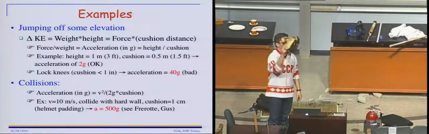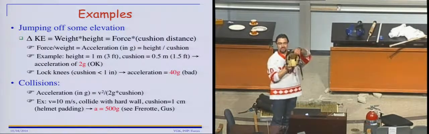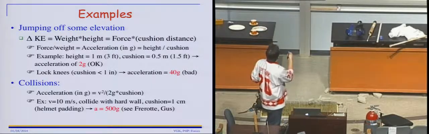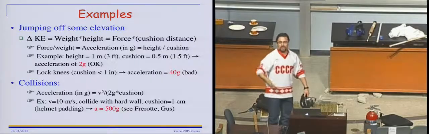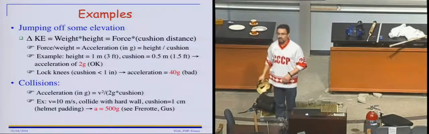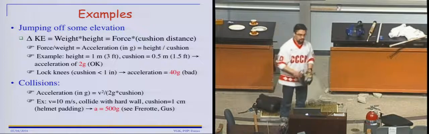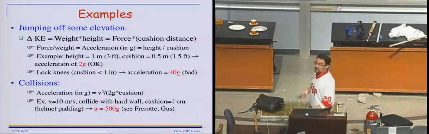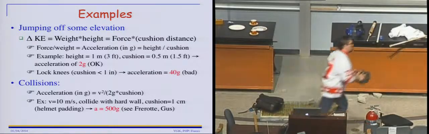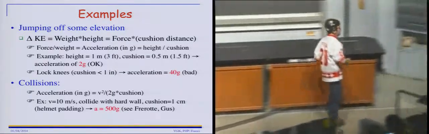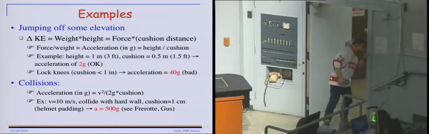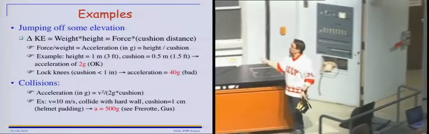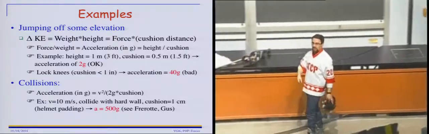So this old-style hockey helmet has a cushioning of a quarter inch or so, roughly a centimeter. So if I were to accelerate like this fellow did, this fellow scored a touchdown. He was so happy. He ran into a wall and headbutted it. Didn't play the rest of the season. The guy gave himself a concussion. So, by running fast and hitting the wall at full speed, he would produce an acceleration of as much as 500 Gs.